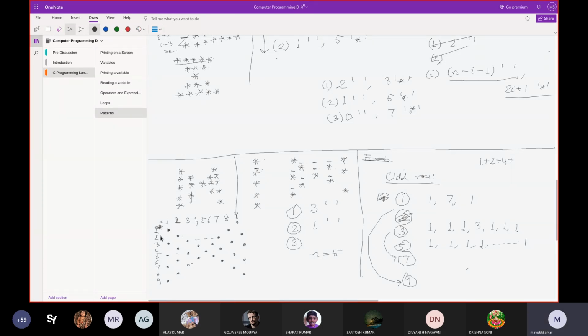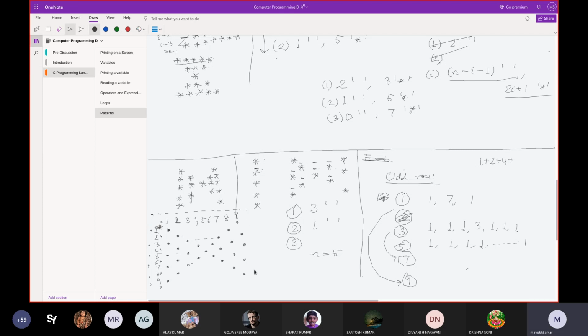If we add 2 further rows, so if we add another row here and add another row here, this will be column 1, 2, 3, 4, 5, 6, 7, 8, 9, 10, 11, 12 and 13.